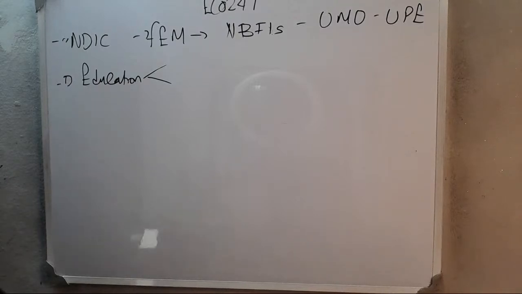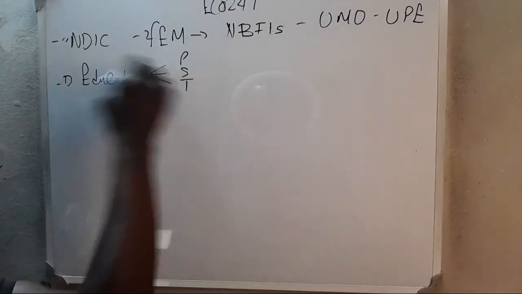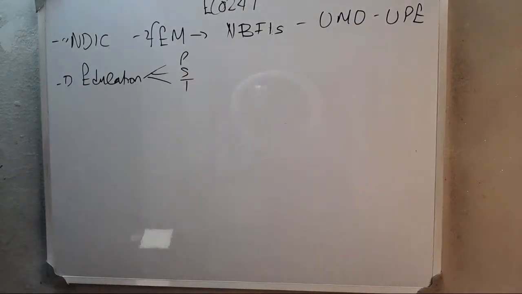Nigeria's formal education system is made up of the primary, the secondary, and the tertiary. The primary and the secondary, along with the tertiary, characterize the Nigerian education system.